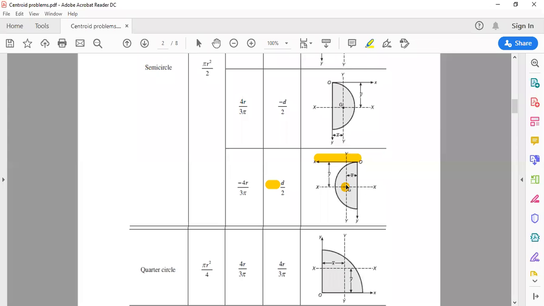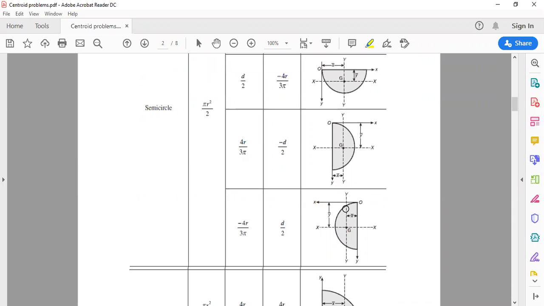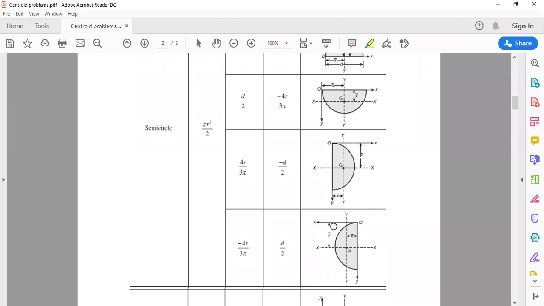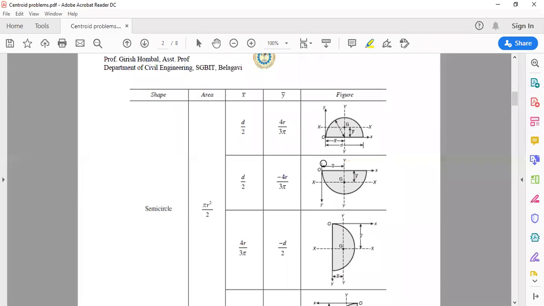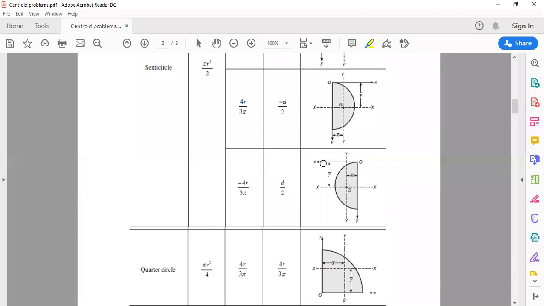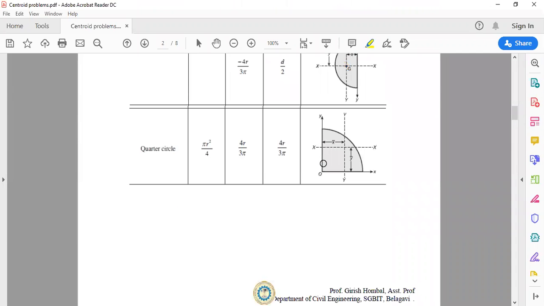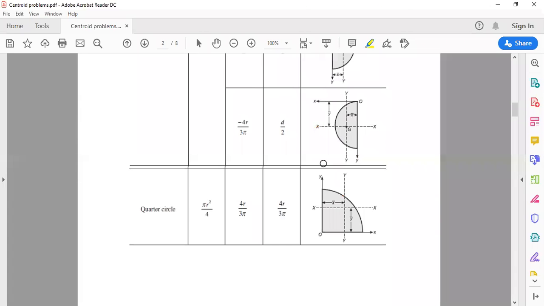So we just witnessed how the value of x bar and y bar changes with respect to the orientation of the figure and also the location of x-axis and y-axis. So in all these figures, we can see that the x bar and y bar values have changed.